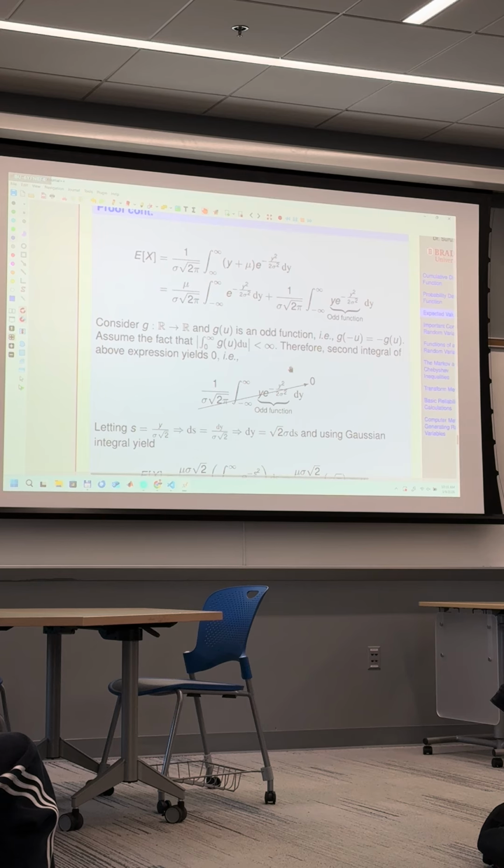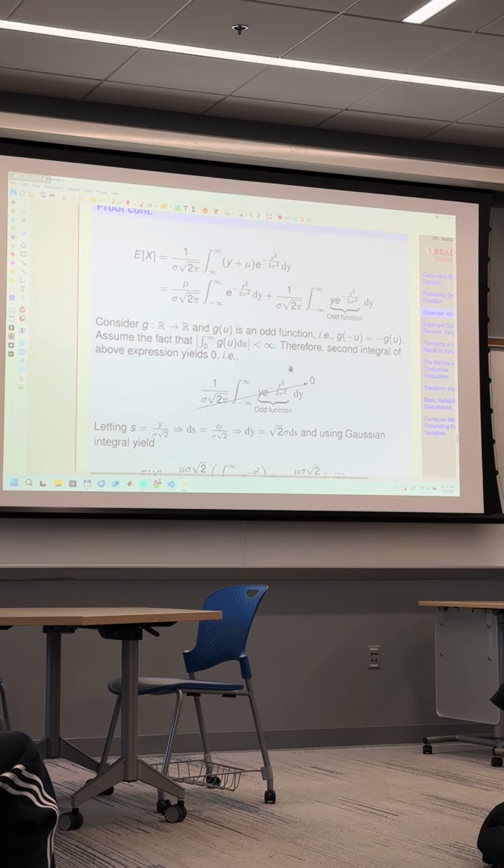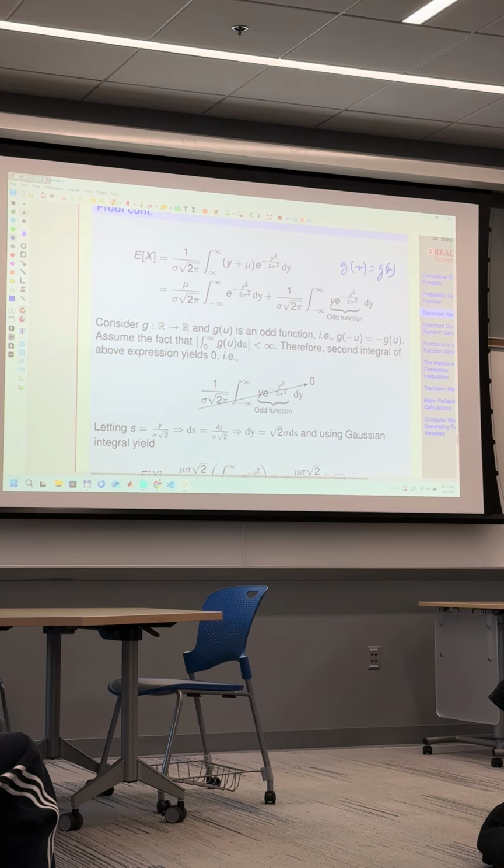Then, do you guys remember odd function, even function from calculus? A function is said to be odd if g of minus u is negative g of u. A function is said to be even if g of minus u is exactly the same as g of u. So this function is an even function, but g of minus u equals minus g of u is your odd function.